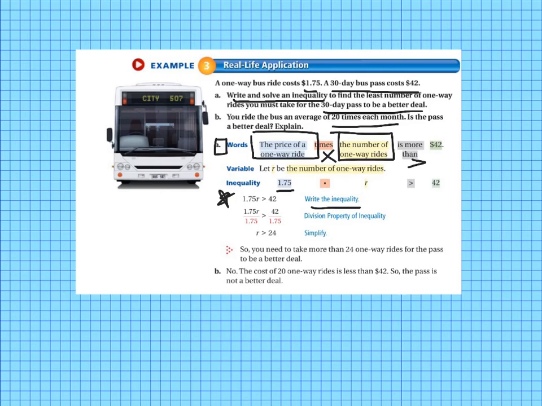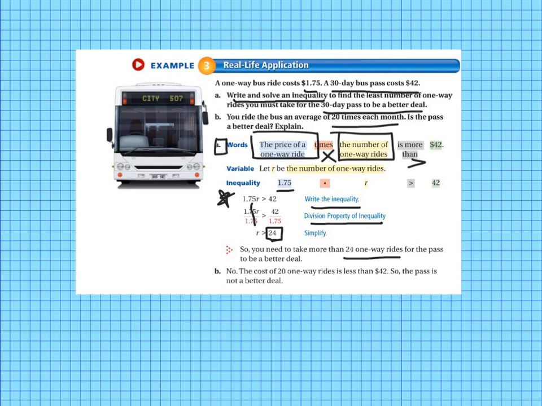So we need to use the division property of inequality, which means we're dividing both sides by $1.75 to get that R by itself. So $1.75 divided by $1.75 is 1. And so that leaves us with an R on the left, and 42 divided by $1.75 is 24. So you need to take more than 24 one-way rides for the pass to be a better deal.